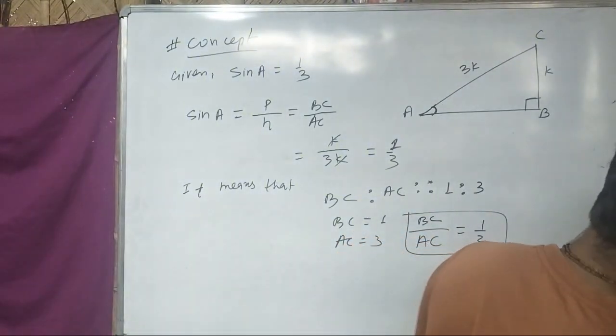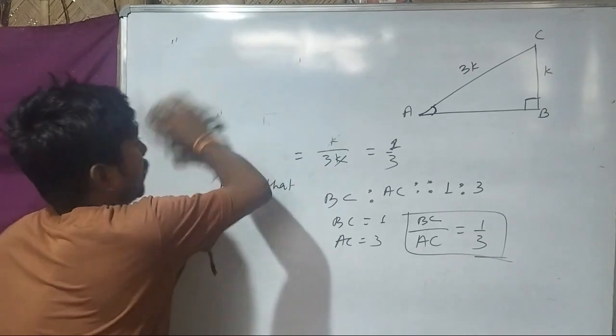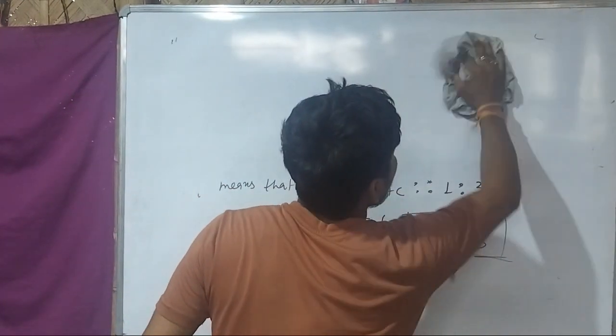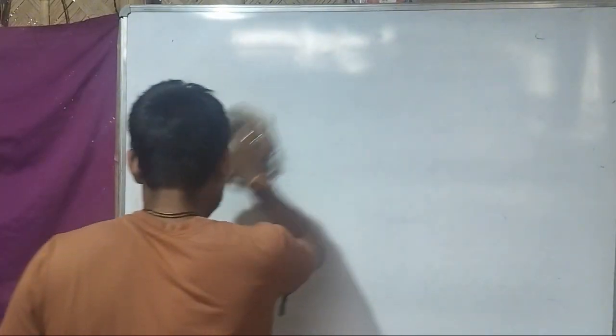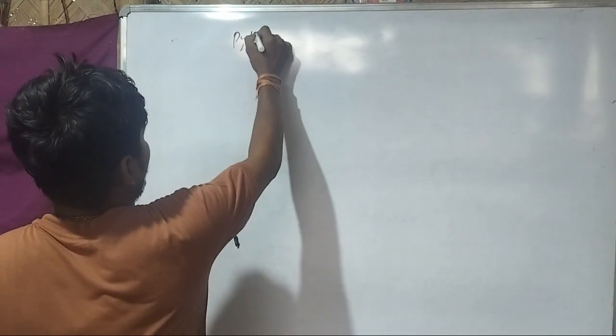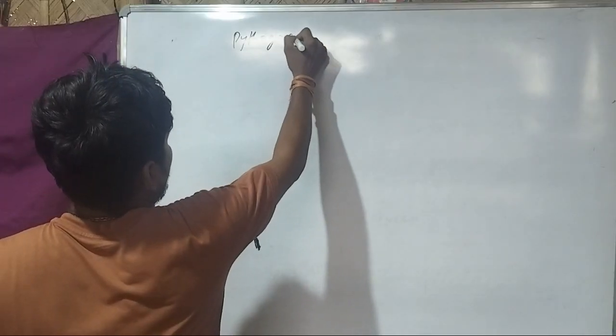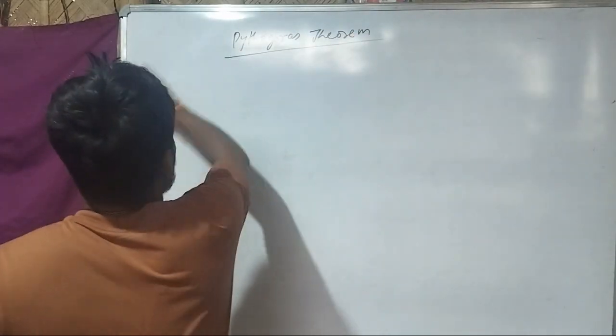Okay. Now you remember, there is a theorem, it will be important. There is a theorem called Pythagoras theorem. I will not go into details in this theorem because you already know.